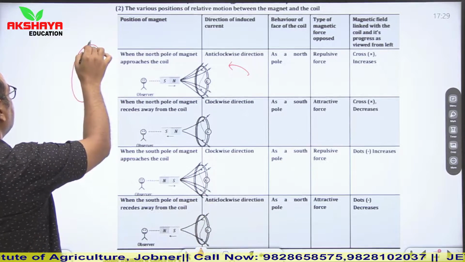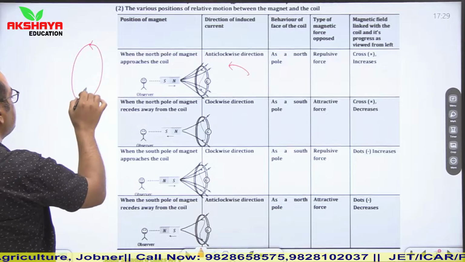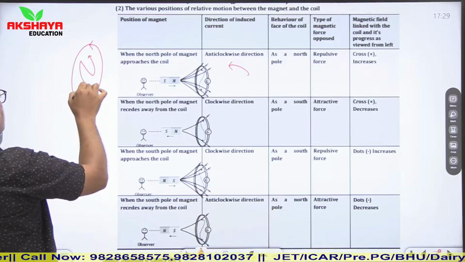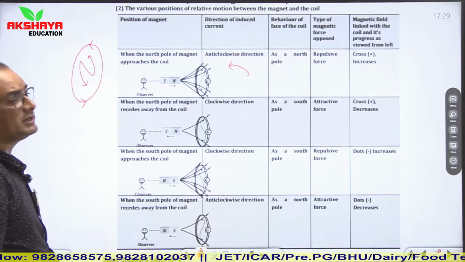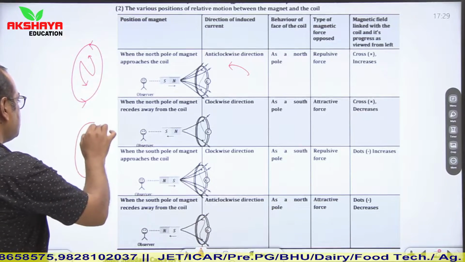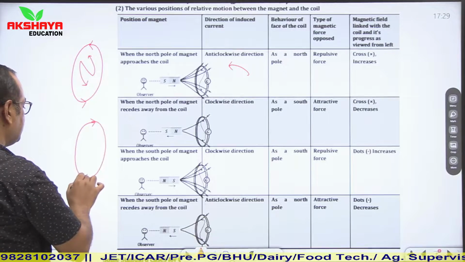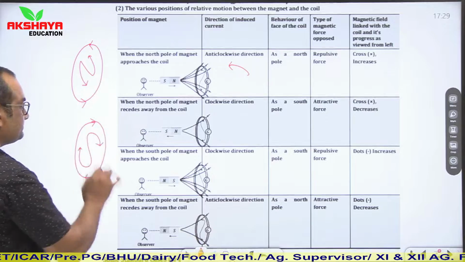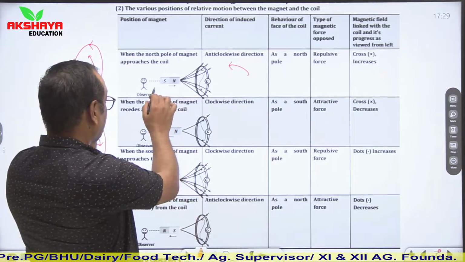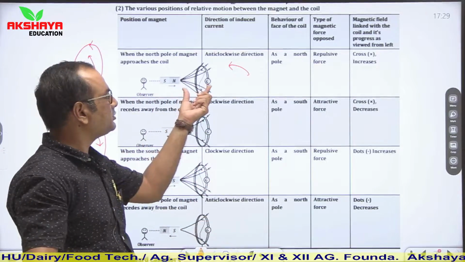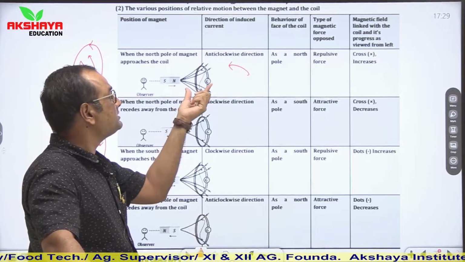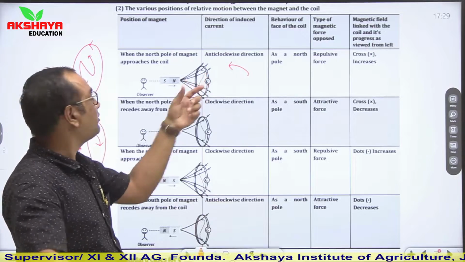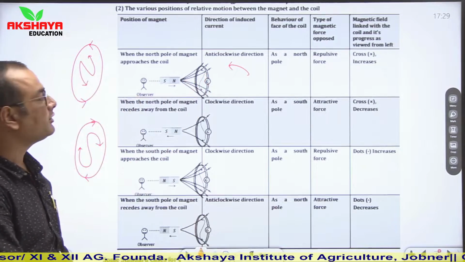Whenever current is flowing in the anti-clockwise direction, it behaves as a north pole, this way. And if current is induced in the clockwise direction, it behaves as a south pole, this way. So the north pole is moving towards the conducting coil. It means the coil will behave as a north pole, and due to this behavior, the direction of induced current will be anti-clockwise.